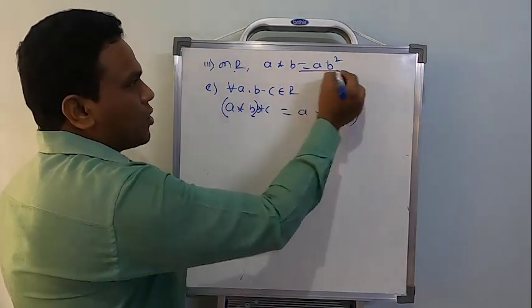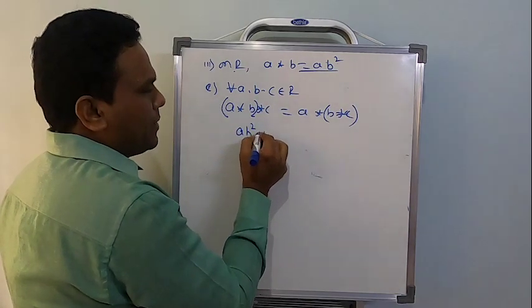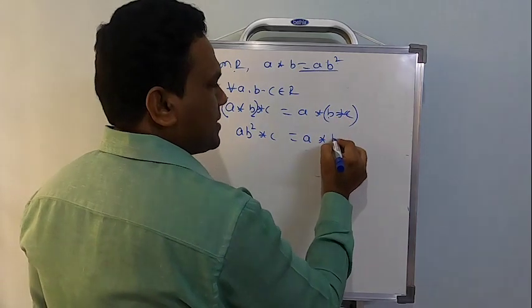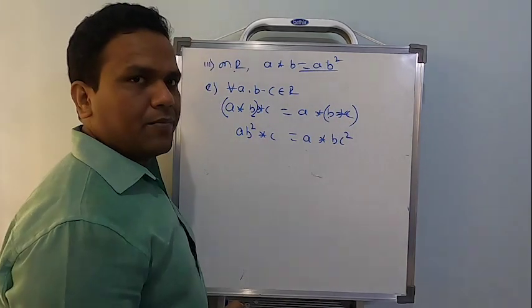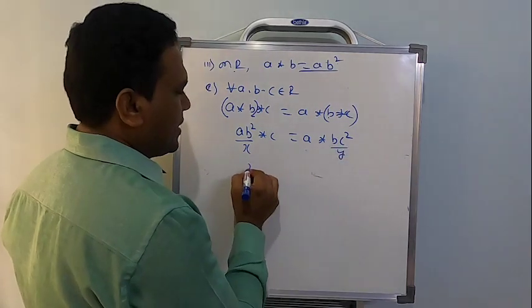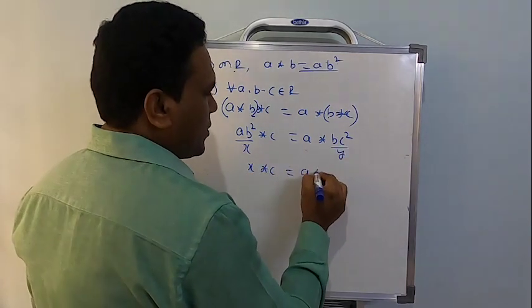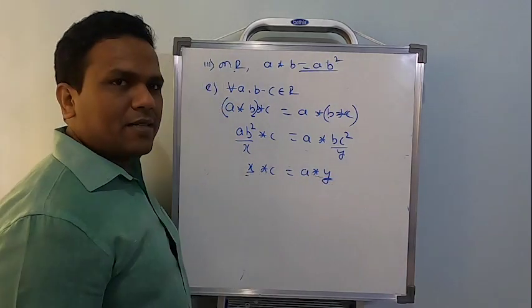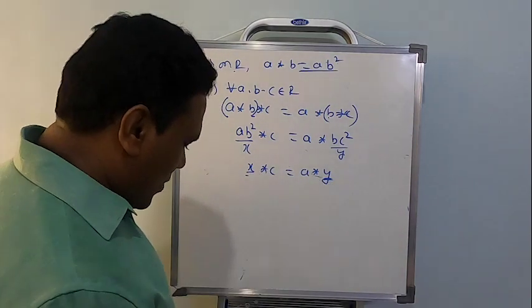So a star b, according to the given definition, will be ab square, star c, equals a star, and b star c will be bc square. Let me take ab square as x and this as y. x star c equals a star y. This naming will avoid mistakes.